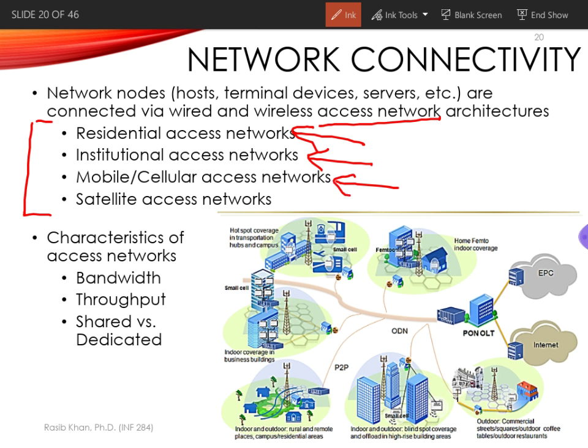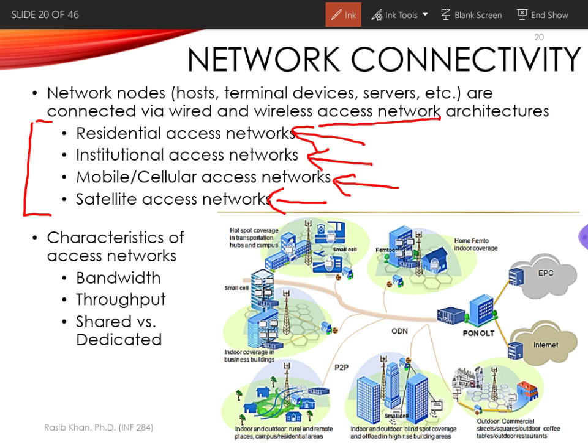Next, mobile or cellular access networks are networks which are provided by mobile service providers, for example T-Mobile or Verizon. They have these broadcasting towers, and these towers allow the cellular connectivity for their users to connect to the internet backbone.